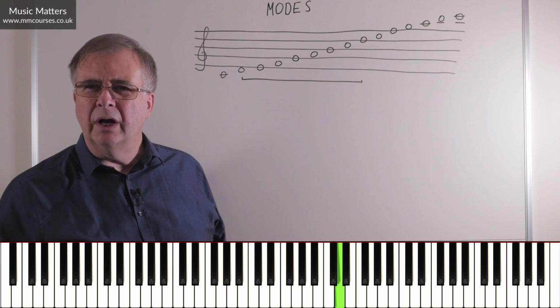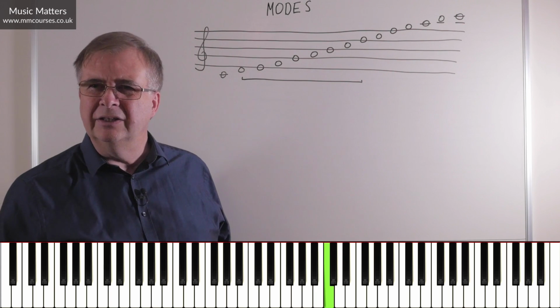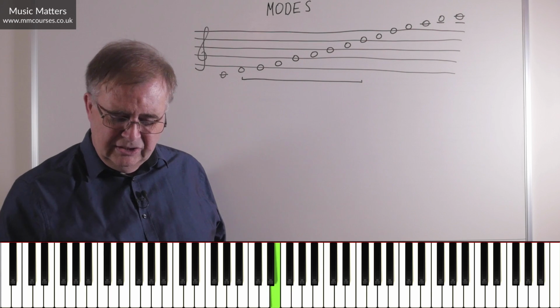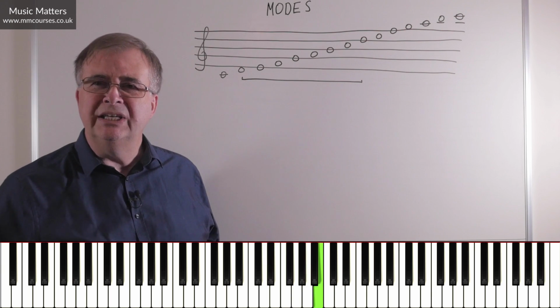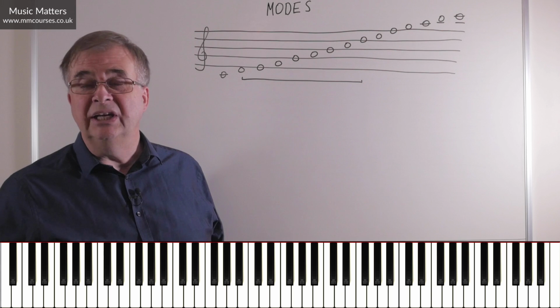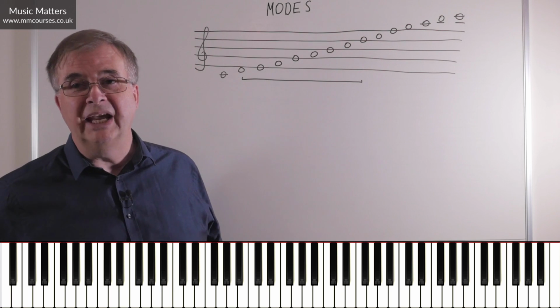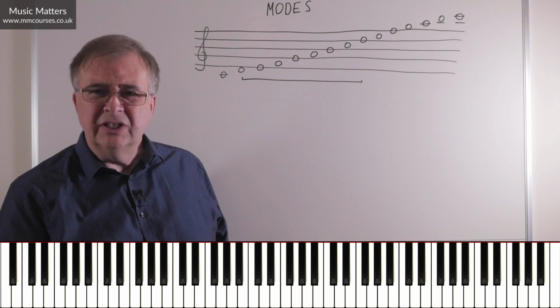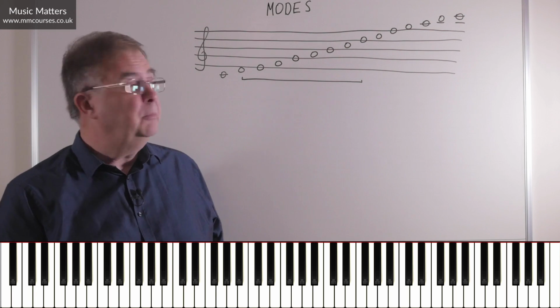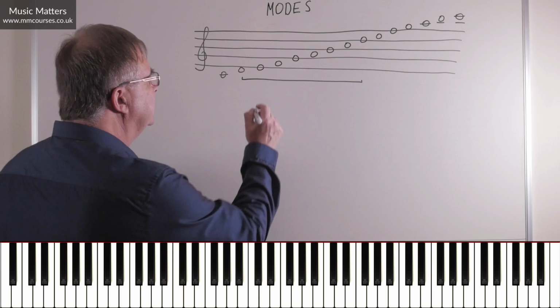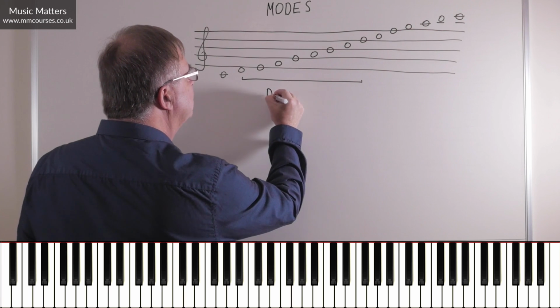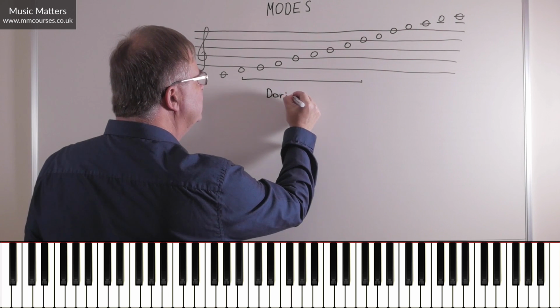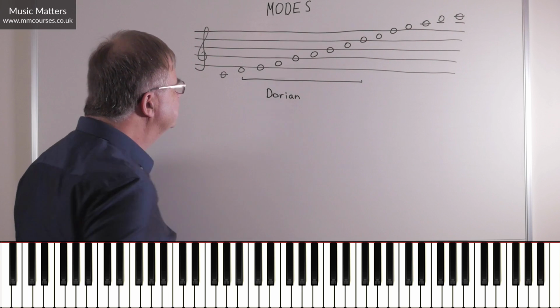Sounds slightly strange to our ears, doesn't it? Especially this bit at the top there. But this is a mode that runs between D and D, just using the white notes on the modern piano. They didn't have pianos all those years ago, but we're just kind of thinking about this in terms of a modern keyboard. And D to D is the Dorian mode. And it does sound a little bit different, doesn't it?